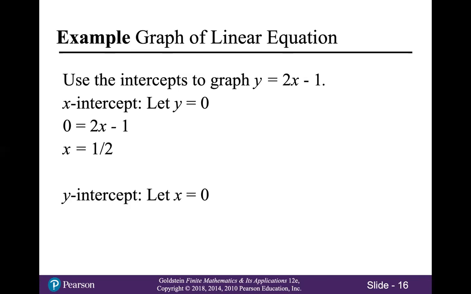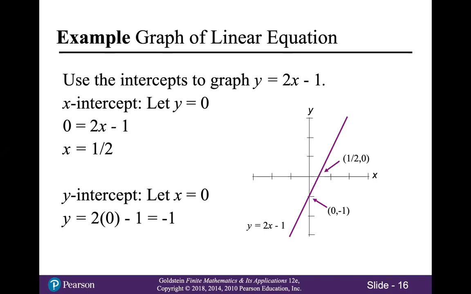And then to find the y-intercept, let x equal 0, and you get y equals -1. All right, and so the x equals 1/2 is the point (1/2, 0), which is right here. Y equals -1 is the point (0, -1), which is here. And then you can draw the line through those 2 points.